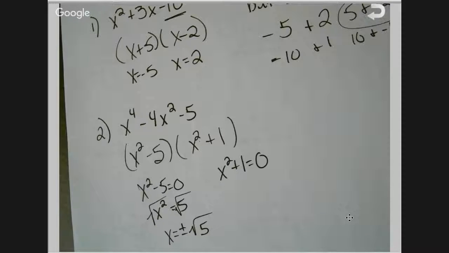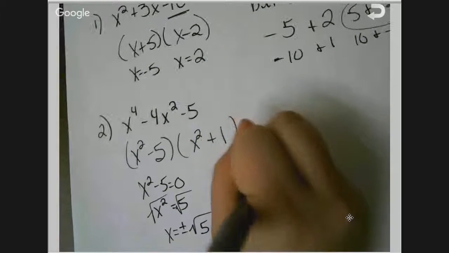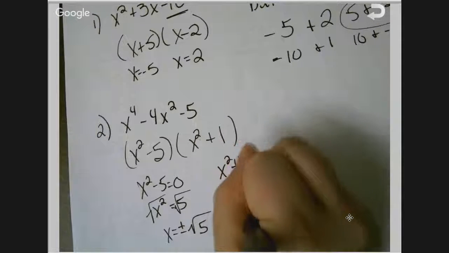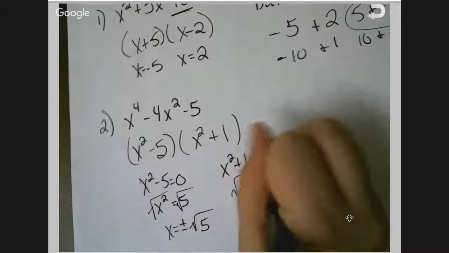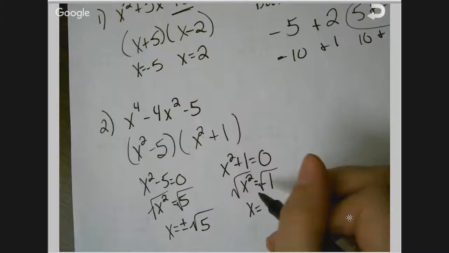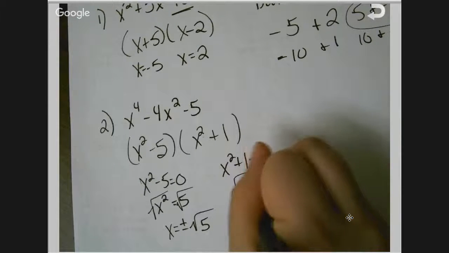Okay. x squared plus 1 equals 0. I want to subtract 1. And I'm going to take the square root. And this is kind of the perfect example for an imaginary number, because I told you as soon as you see a negative inside, it becomes an i.